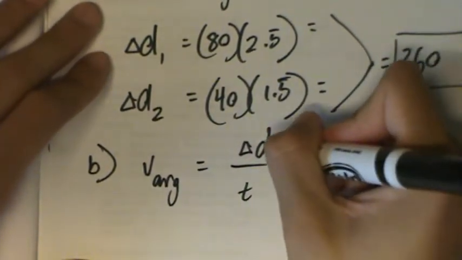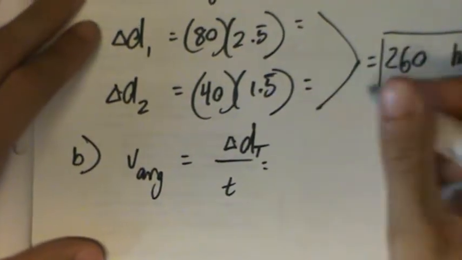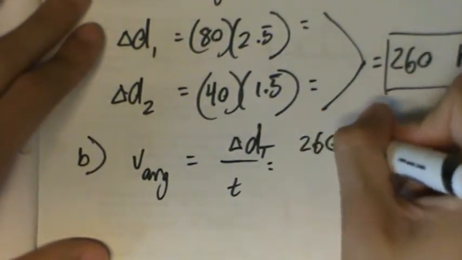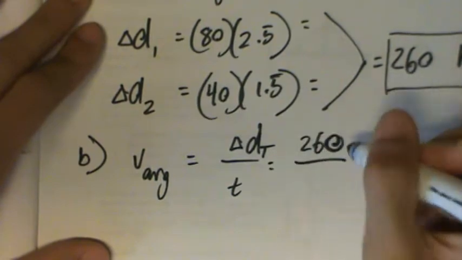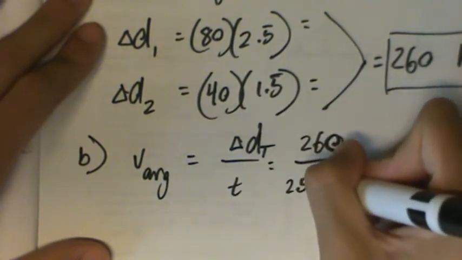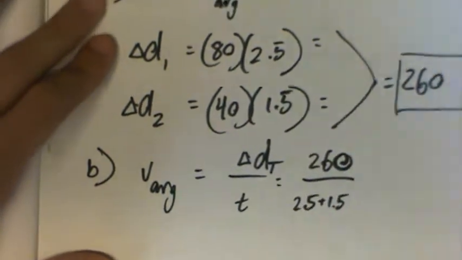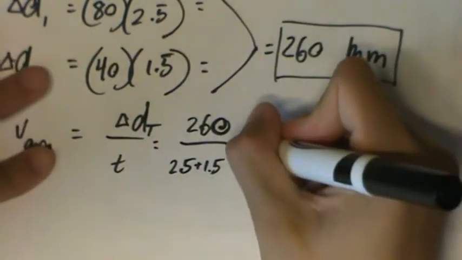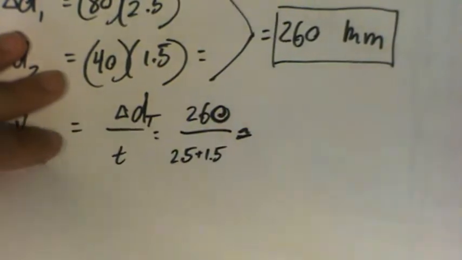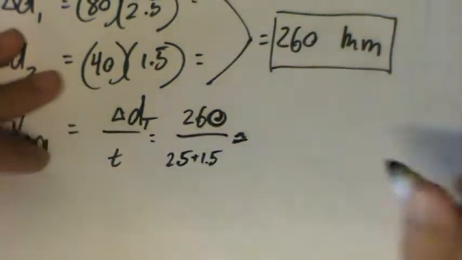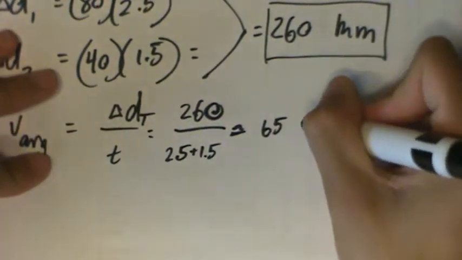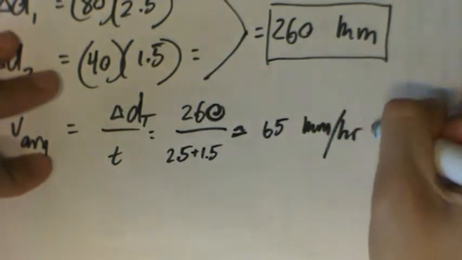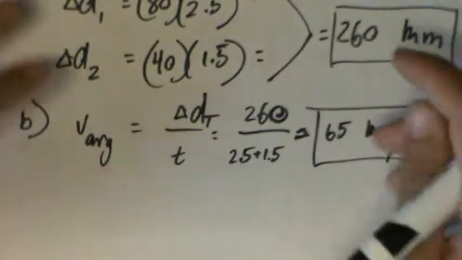And our total displacement was 260 kilometers, and we were traveling for 2.5 plus 1.5 hours. So that's a total of 4 hours, and 260 divided by 4 hours is going to get you 65 kilometers an hour for the average velocity of the entire trip.